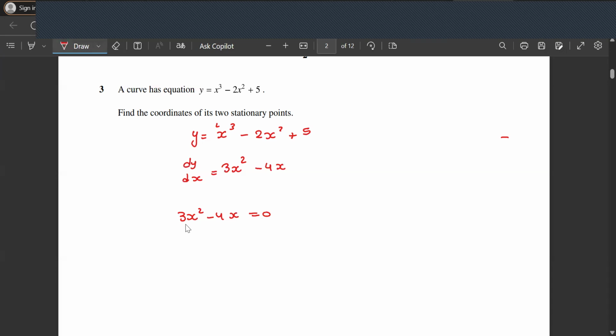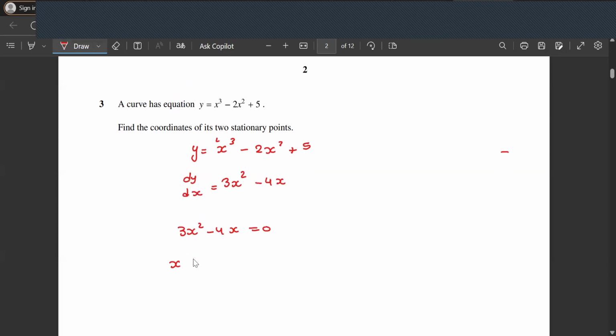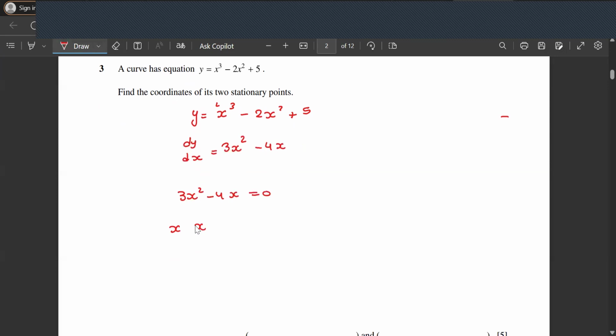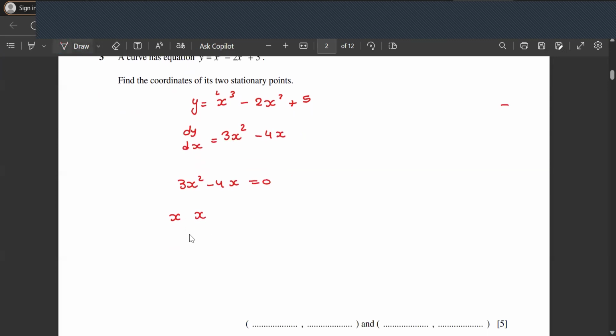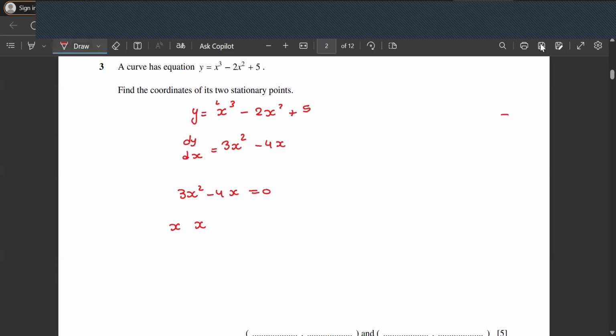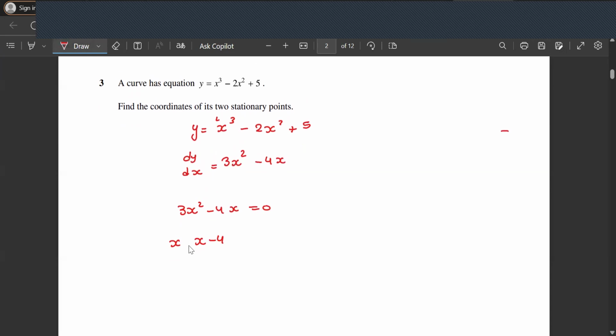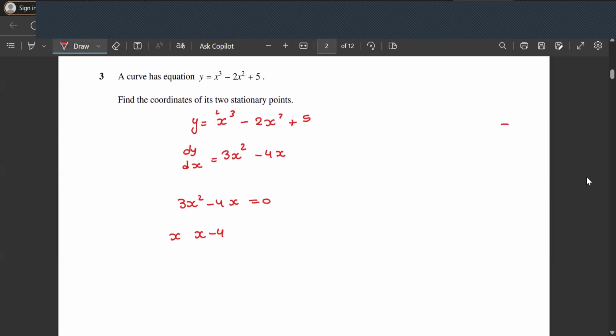I will take x as common factor. Okay, what will remain here? x. Okay, here 3x minus 4 in a bracket. Okay, just wait.